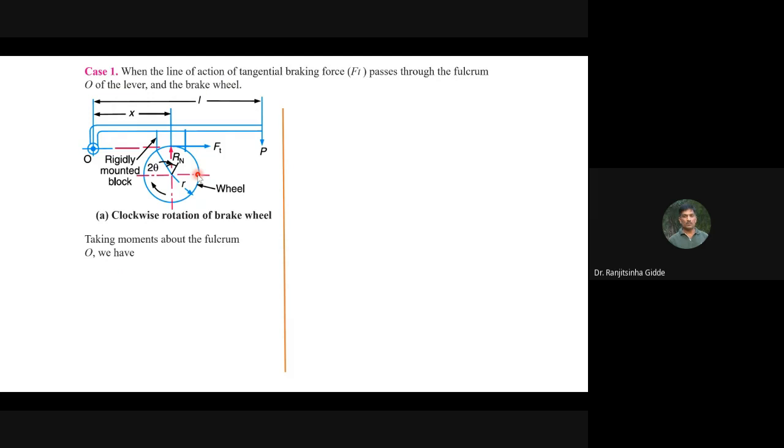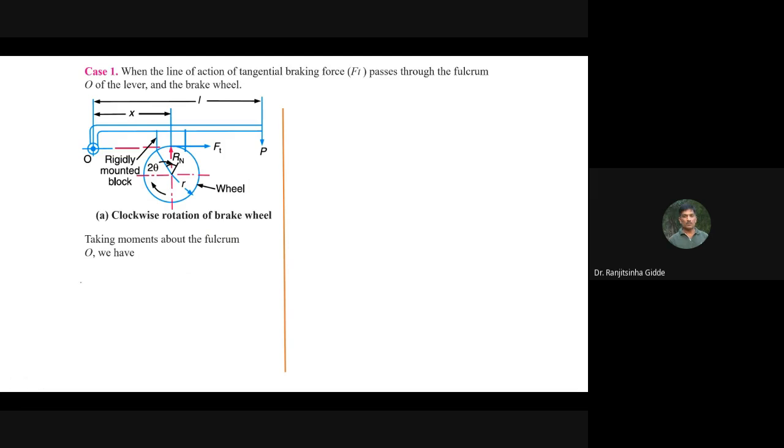So accordingly, we have seen here this Rn, this is Rn into x, this distance, and Rn is acting in the upward direction with respect to the figure shown. So on the left-hand side we have written Rn into x and it is equal to P into L, or you can write it like this also.